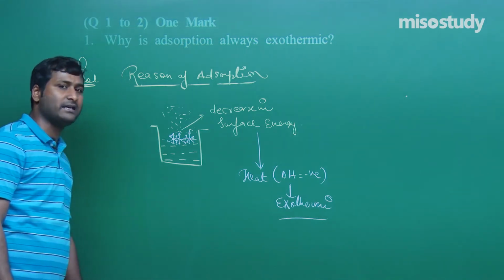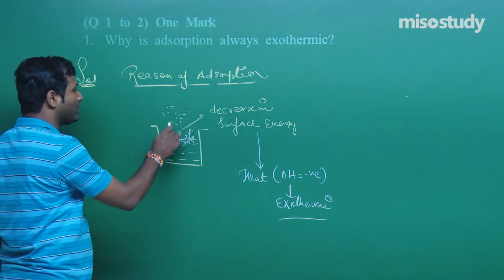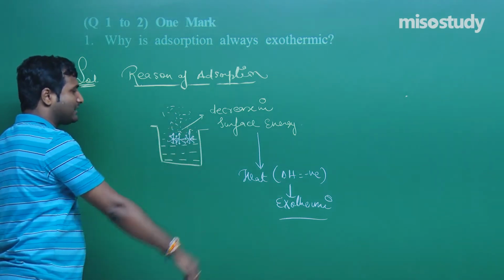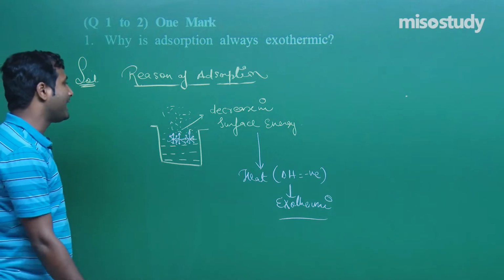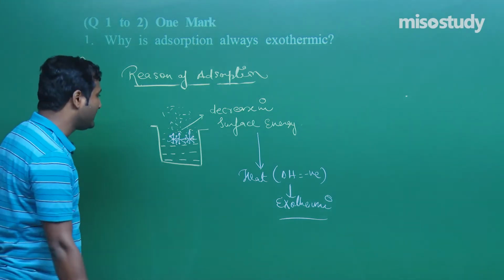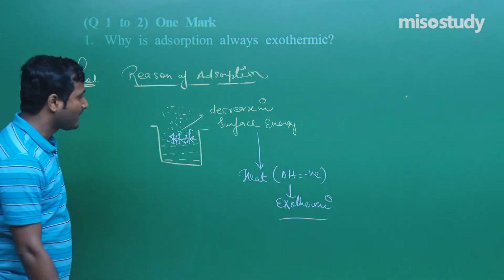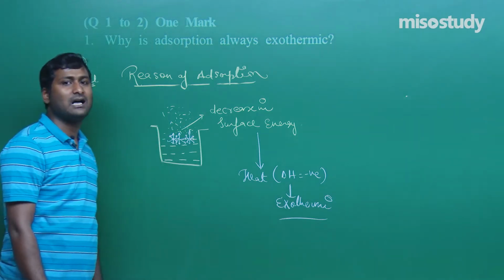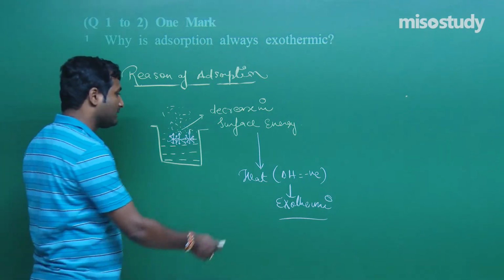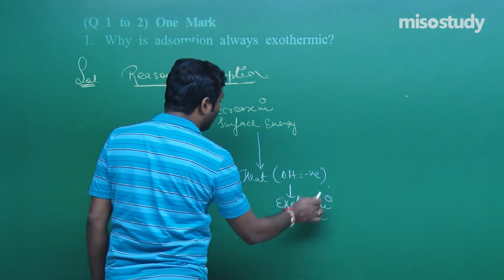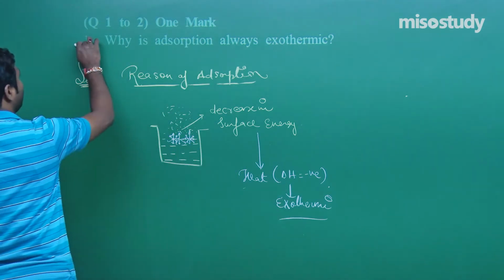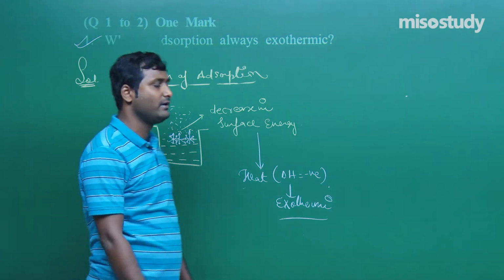Adsorption is always exothermic because during adsorption, particles accumulate at the surface of liquid or at the surface of solid. Due to this, there is a decrement in the residual unbalanced force, which ultimately decreases the surface energy, and it appears in the form of heat. So we say adsorption is always exothermic.